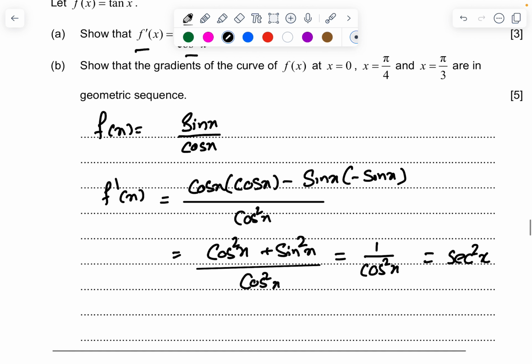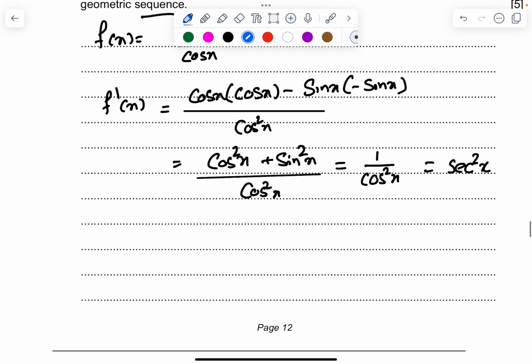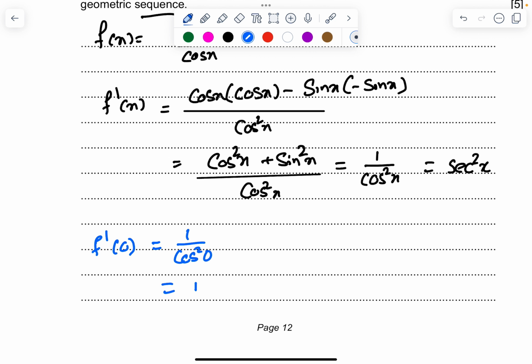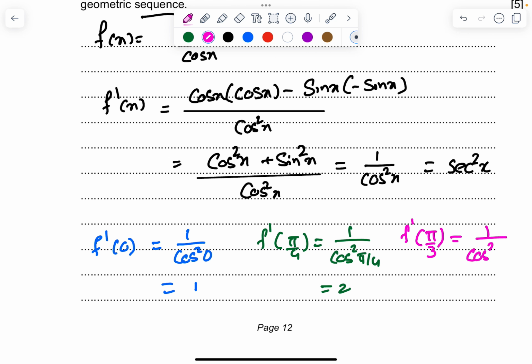Then show that the gradients of the curve at 0, pi by 4 and pi by 3 are in geometric sequence. So f prime of 0 is 1 upon cos squared 0, which is going to be 1. f prime of pi by 4 is 1 upon cos squared pi by 4. Use a calculator, which is 2. f prime of pi by 3 is 1 upon cos squared pi by 3, which is going to be 4.